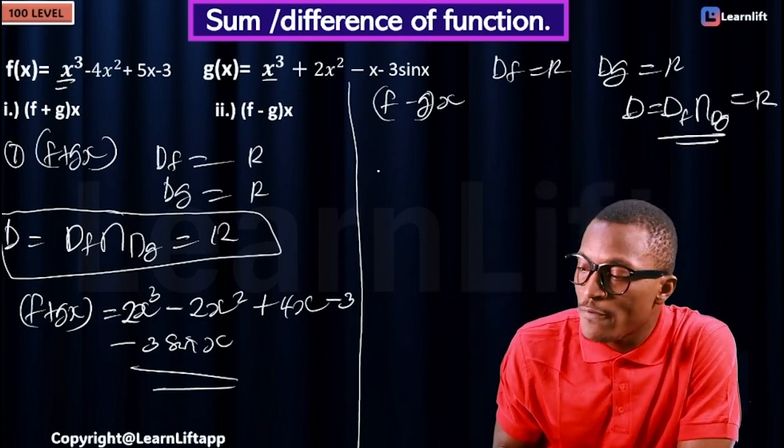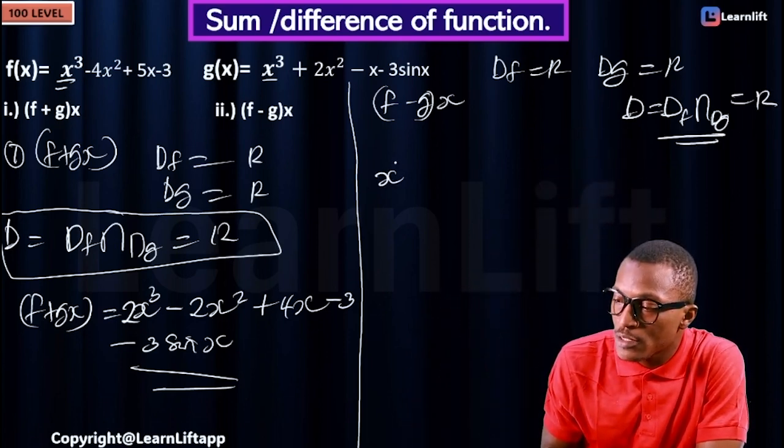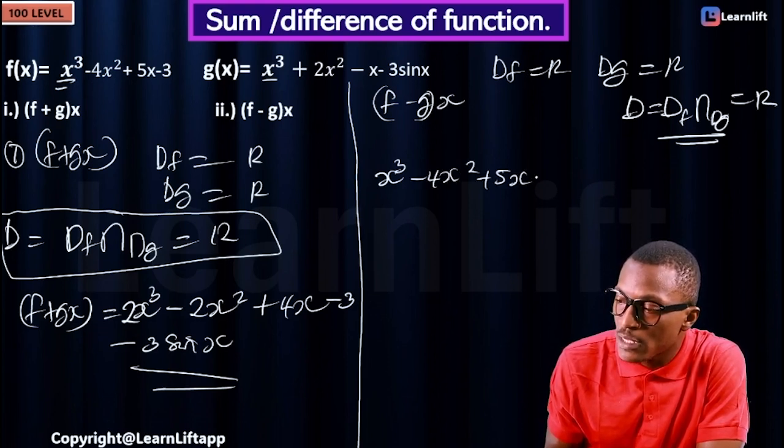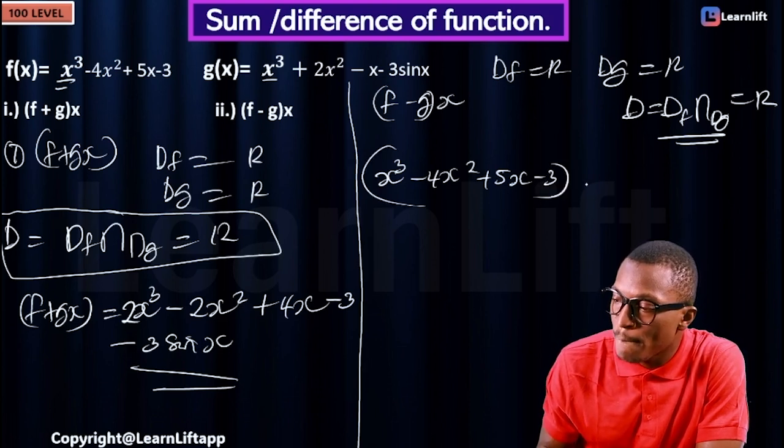Okay? So to find (f - g)(x), it now becomes x cubed minus 4x squared plus 5x minus 3, minus bracket open x cubed plus 2x squared minus x minus 3 sine x.